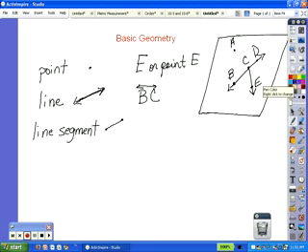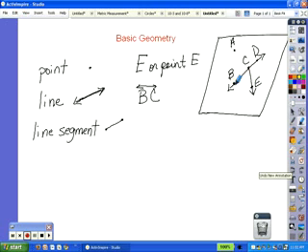But if we take just one piece of that line, for example, if I just take from here to there, I have line segment BC. If I take just from here to there, I have line segment CE or line segment EC. Again, the order can be switched. If I take just this part, that would be line segment CD or line segment DC.